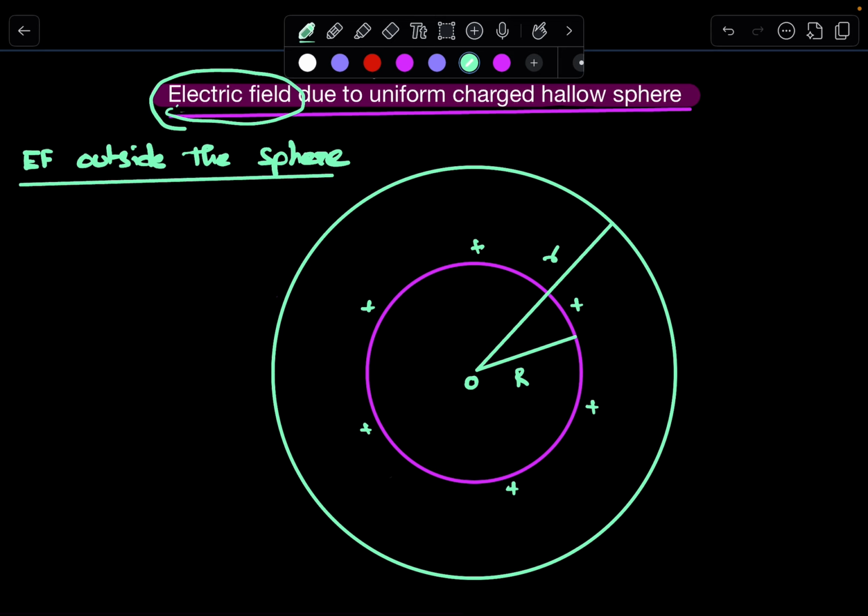Let's say this is the electric field acting due to the positive charge. Now I'm going to take a small surface area, dA, and in this surface area I'm going to calculate the electric field.